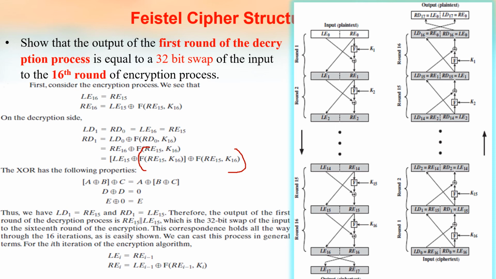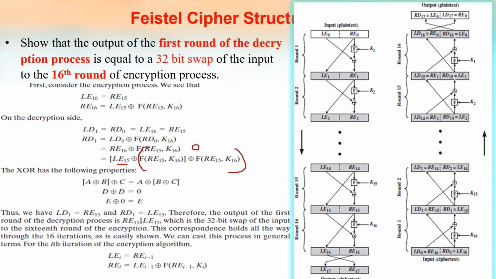Now I can see that both values are the same: F of RE15, K16 XOR F of RE15, K16. There is another property of XOR, that D XOR D equals 0. So this part becomes 0.